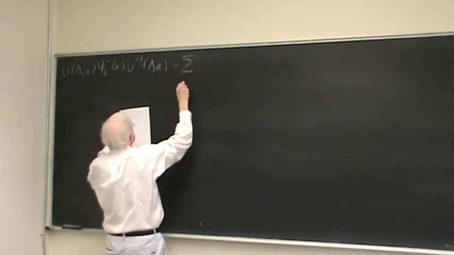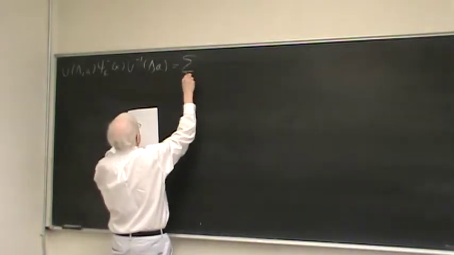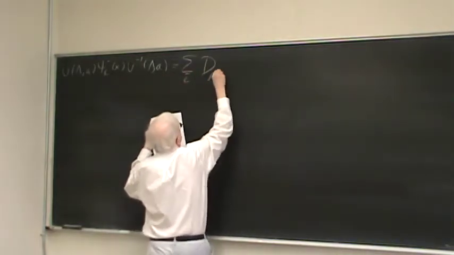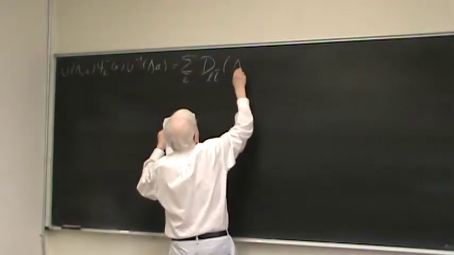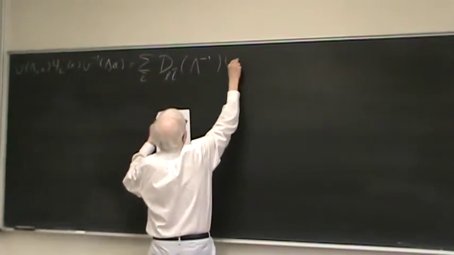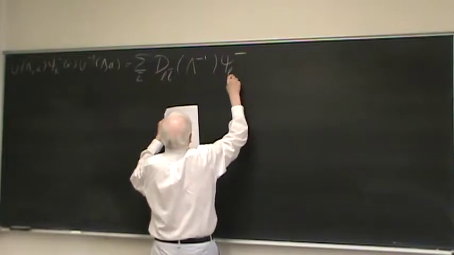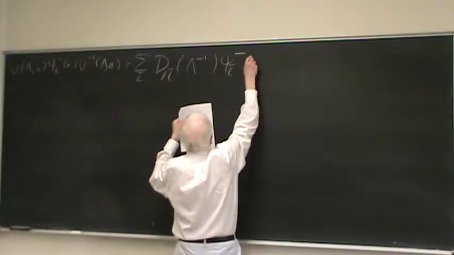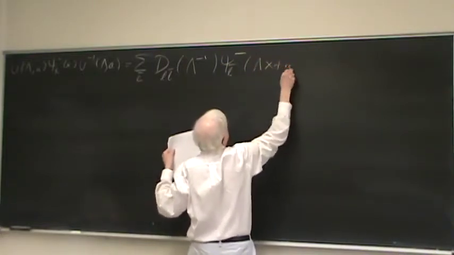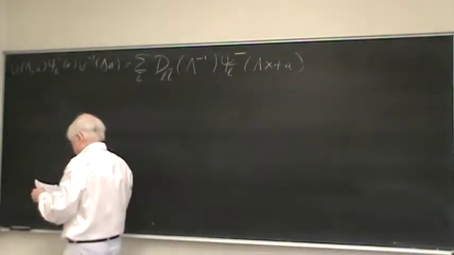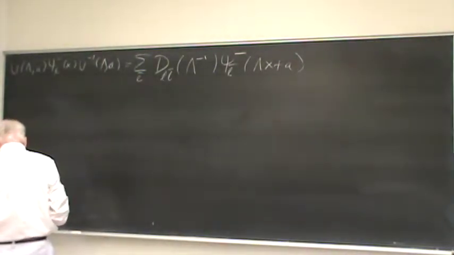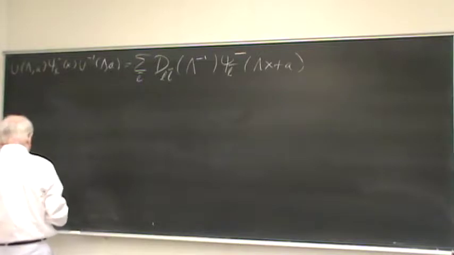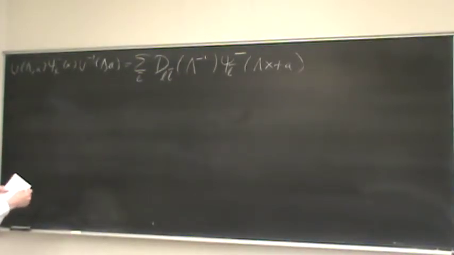I want this to be a sum over L bar of D^L bar of lambda inverse psi minus L bar of lambda x plus the translation by a, and this one has two parts to it.